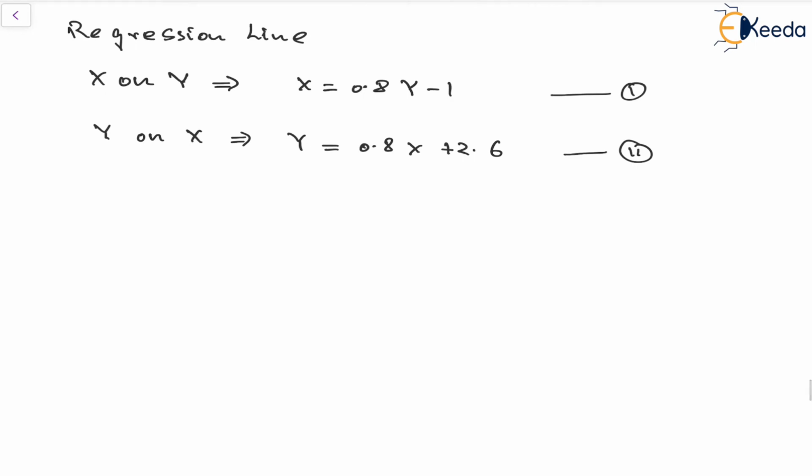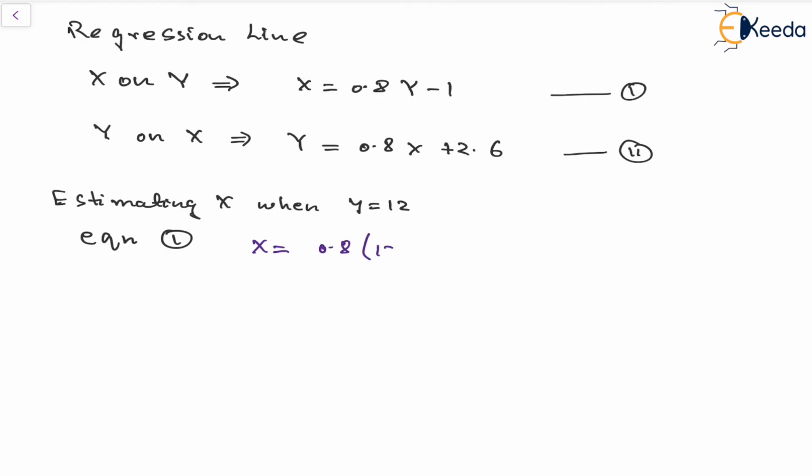The second part says that we have to estimate x when y is equal to 12. In this case, we will use equation 1 and we will have x equal to 0.8 times y, which is 12, minus 1. So this will become 9.6 minus 1, and therefore x becomes 8.6.